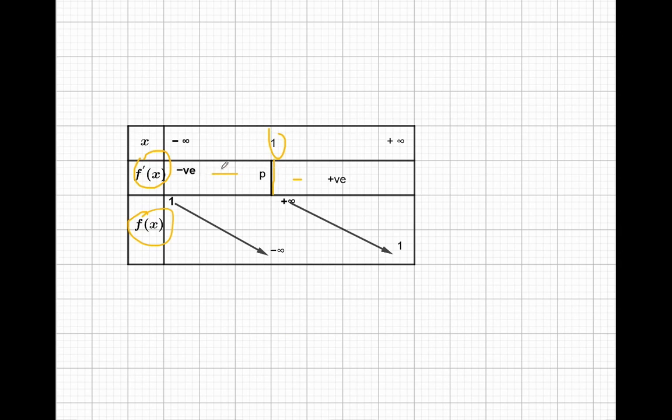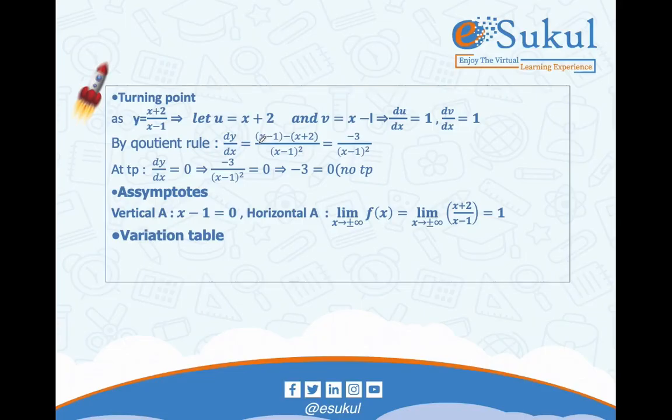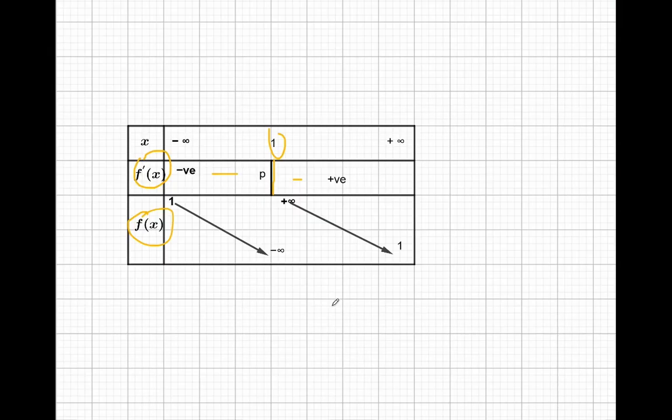And studying the signs, if you take an interval between 1 and infinity and replace in our f prime, this is our f prime here, so the denominator is always positive because of the square. So because of this negative, we have the sign here to be negative.